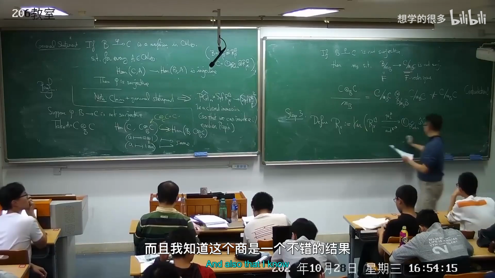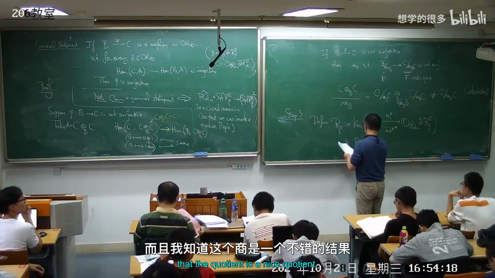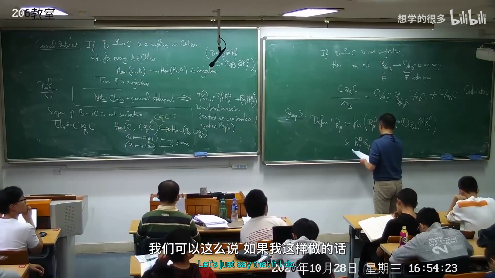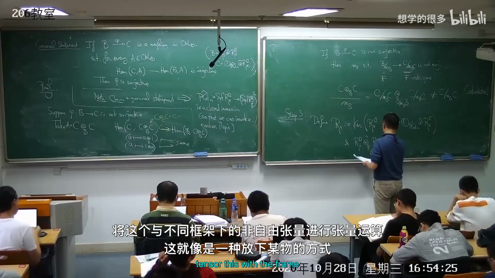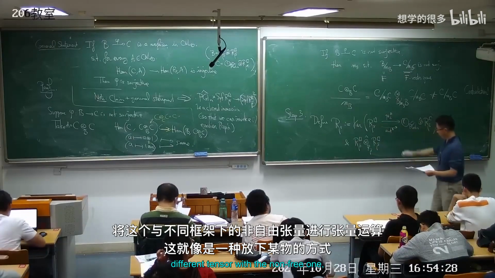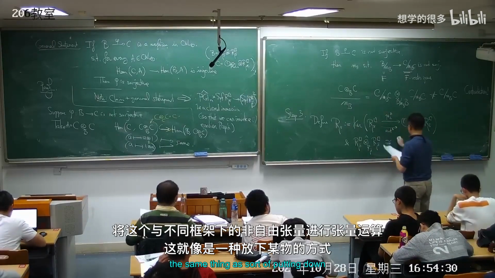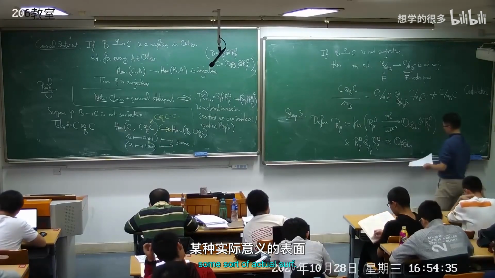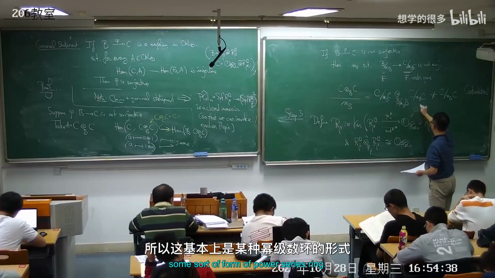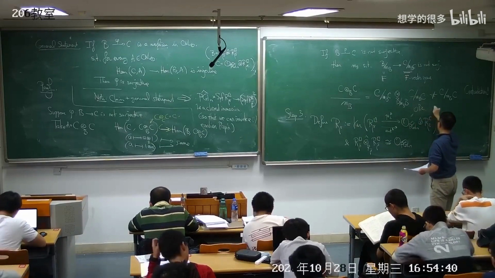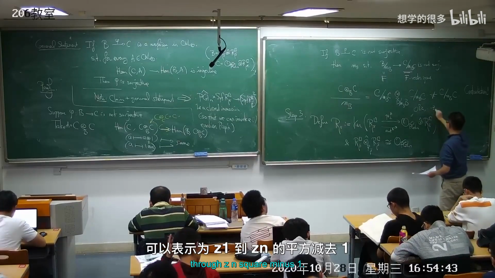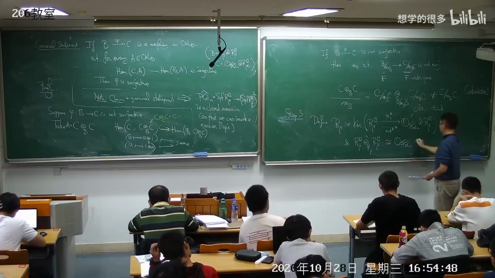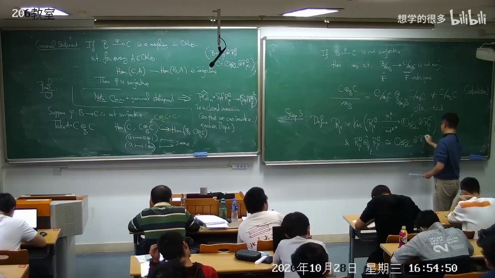Also, I know that the quotient is a nice quotient. That's to say, if I tensor the framed deformation ring with the non-framed one, the same as putting down some sort of formal power series ring. Maybe just write Z1 through Z_{n squared minus 1}. It's a power series ring in n squared minus 1 variables.